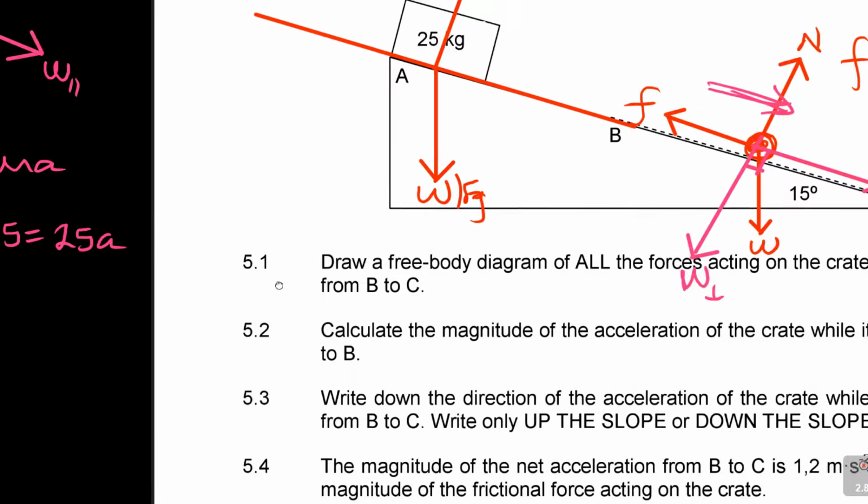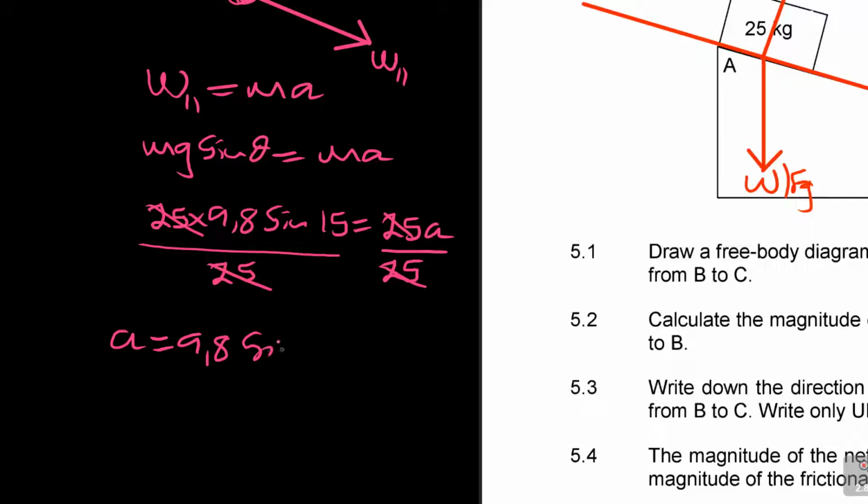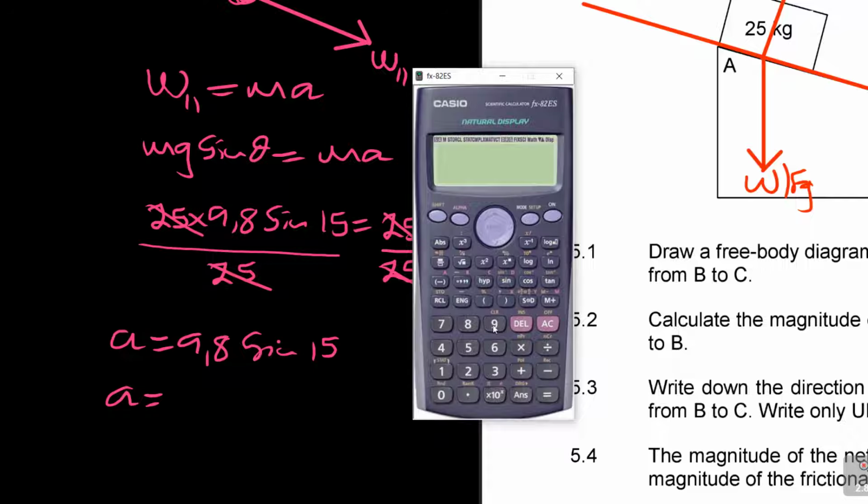The question wants the magnitude of the acceleration, so you divide by 25 on both sides. It's as good as cancelling that. So acceleration is 9.8 sine 15. What is acceleration then? If we do that, we're going to get 9.8 sine 15 is equal to what?